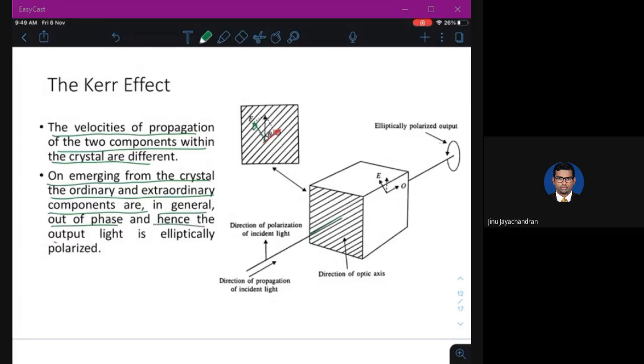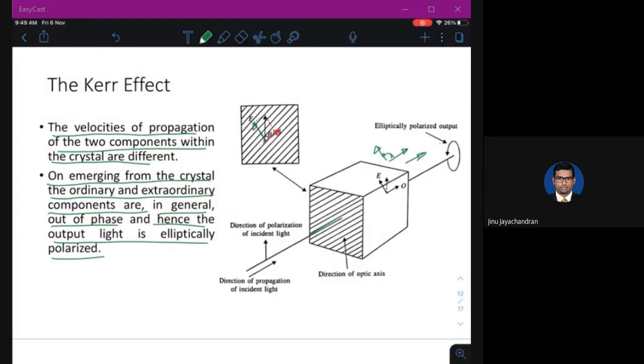Hence, the output light is elliptically polarized. So once this component emerges out of this material, the first component, which is the parallel component, will not have a different velocity, but the perpendicular component will be of different velocity, meaning they will be out of phase.